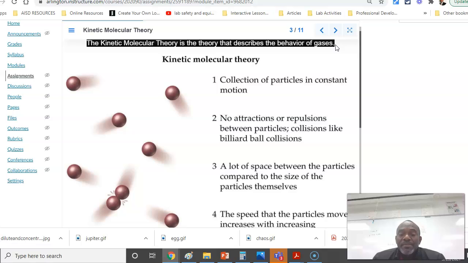Let me quickly mention here that this is simply talking about ideal gases, because sometimes real gases behave differently from ideal gases, but it gives you an understanding of how gases in general behave.